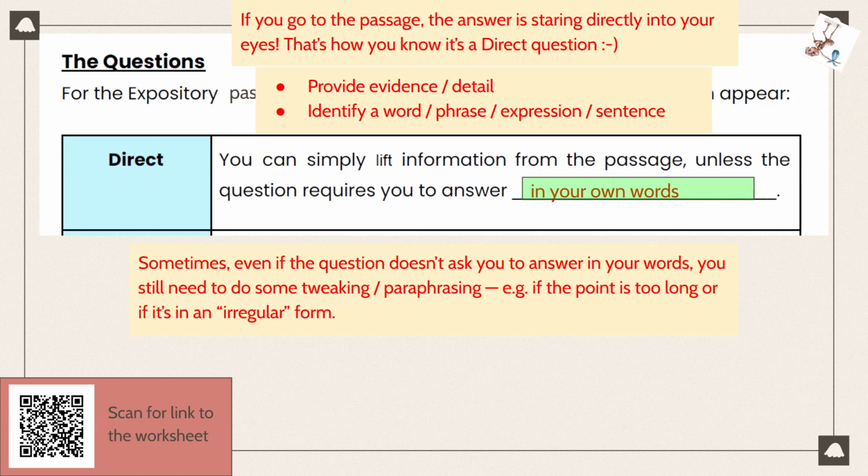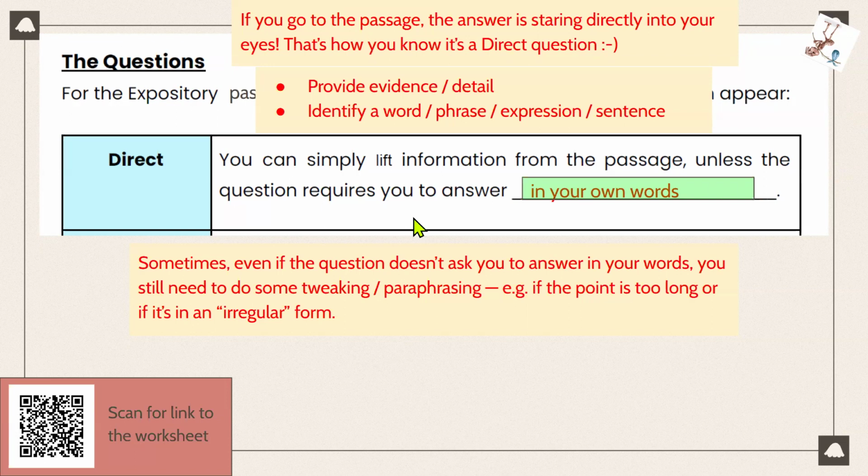Sometimes when you do your sourcing, you realize it takes up like 5 sentences or 5 lines. Even if it takes up 5 sentences or 5 lines, you can't copy and paste everything.